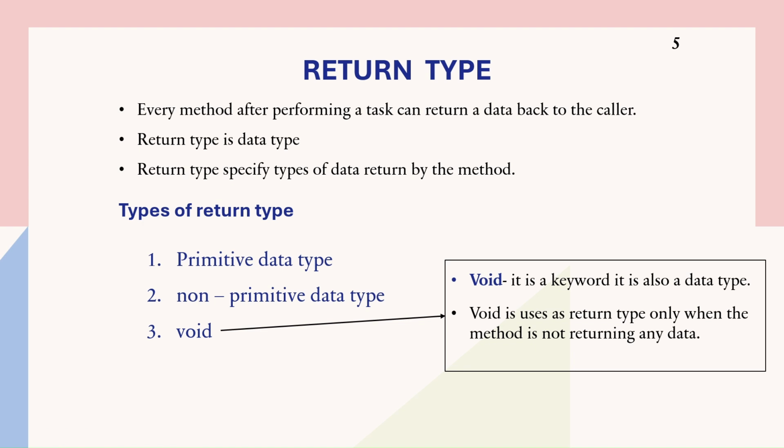Void is used as a return type only when the method is not returning any data. If your method is not returning any data, your method should be declared as void, instead of a string type or integer type method. That means your method cannot return any data.